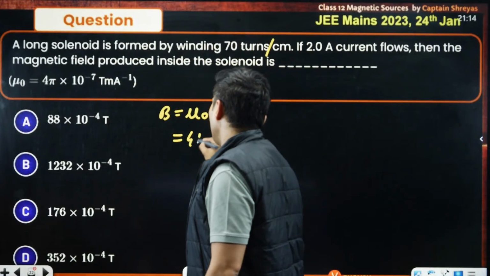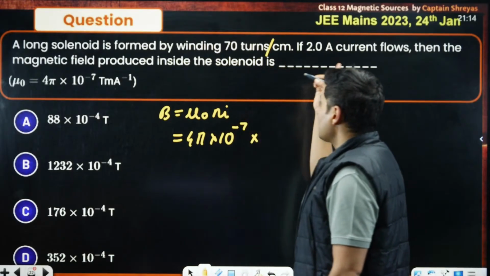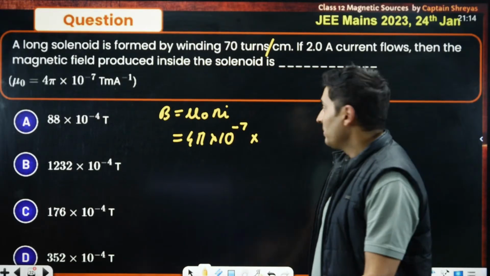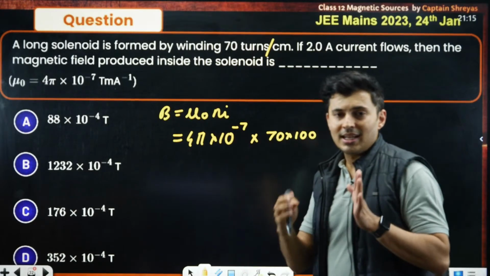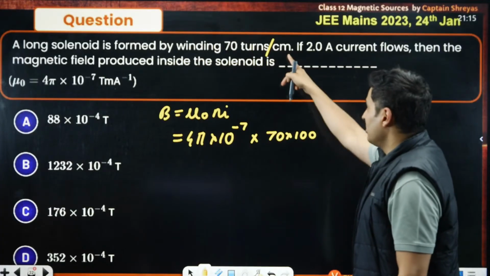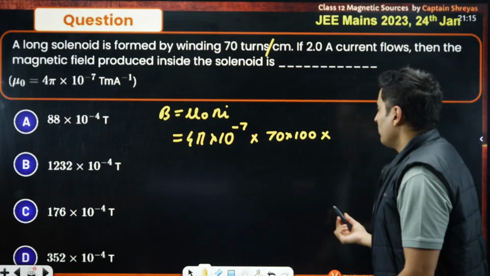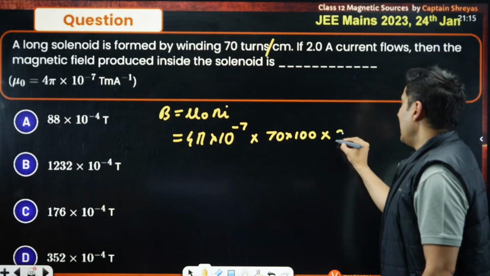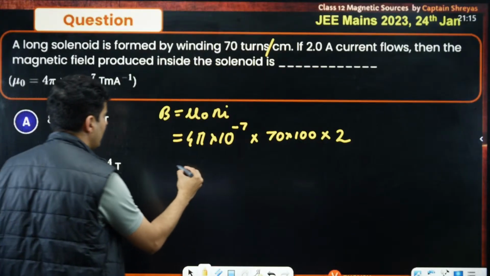Mu naught is 4 pi into 10 to the power minus 7. Number of turns per centimeter is given. So per meter, how much will it be? 70 into 100, because 100 centimeters make a meter. So we have to use SI units. I is nothing but 2. So that's it. Put it over there and you will get the answer.